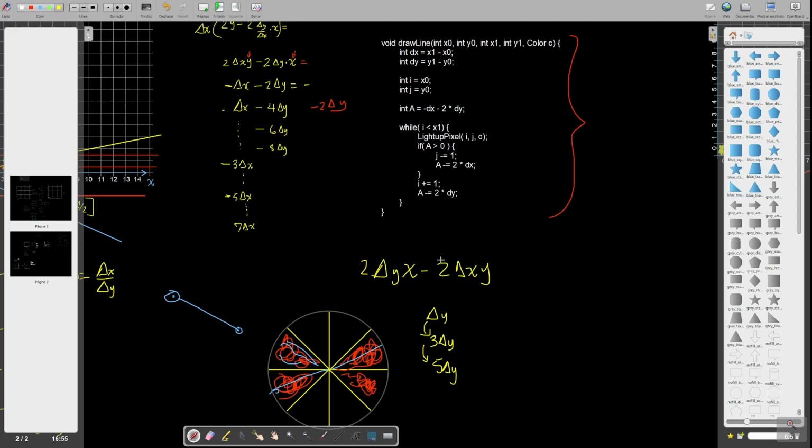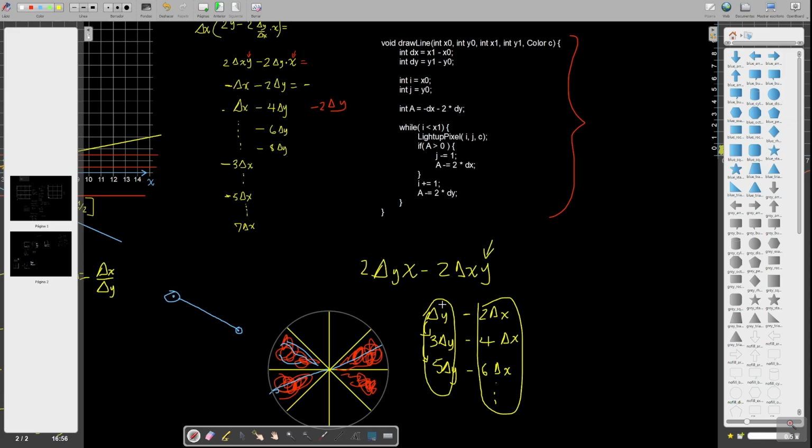But now this is going to be the component, the one that will constantly increase, because y is now our rule axis, and this would be something like just minus twice delta x, minus 4 delta x, and minus 6 delta x and so on. And this one is the one that we are going to decide if we increase or not, but this will always be increasing because it's now multiplied by a y.